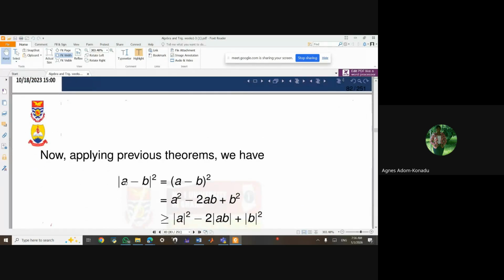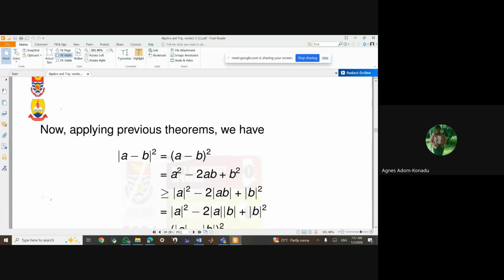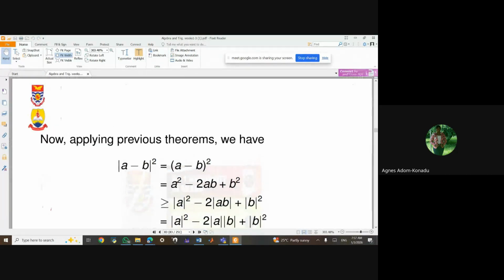Then we know from SHS or anywhere that this expression is the same as A squared minus 2AB plus B squared. And this can be written as absolute of A squared. And then the whole of this will be greater than or equal to what we saw from up here.